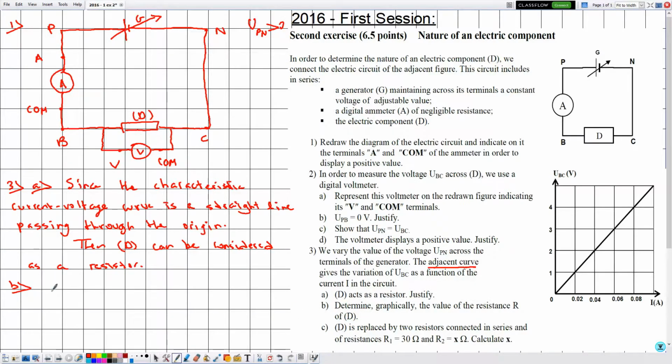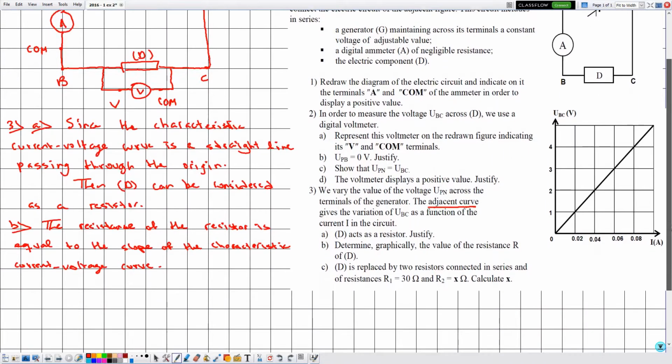So first let's try the definition: the resistance of the resistor is equal to the slope of the characteristic current voltage curve. Now the next step is to choose any 2 points belonging to this curve.